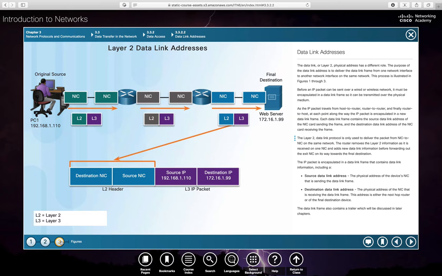The other thing I want to mention is if you take a 48-bit MAC address and you divide it in half, the first half, the first 24 bits, is referred to as the OUI, the organizationally unique identifier. From that number, you can figure out who manufactured the NIC.